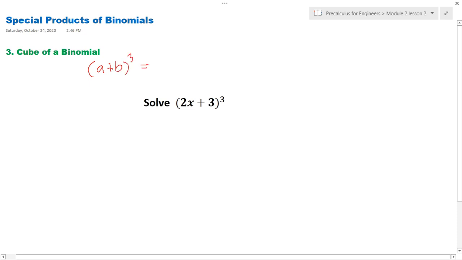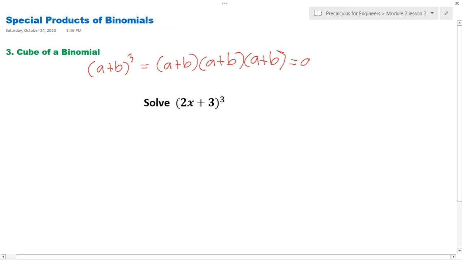This is just simply written as (a + b) times (a + b) times (a + b). Actually, if we simplify it further, the resulting polynomial is of course a 3-degree polynomial that has 4 terms.